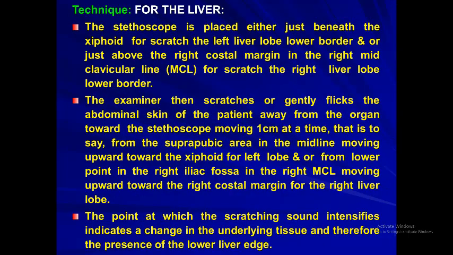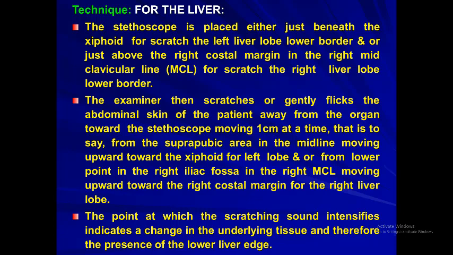Technique for the liver. To determine the lower border of the liver, either left lobe or right lobe, by scratch, if it is difficult to palpate. The stethoscope diaphragm is placed just beneath the xiphoid process for scratch of the left liver lobe lower border.